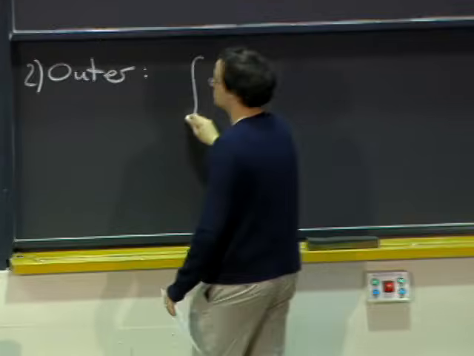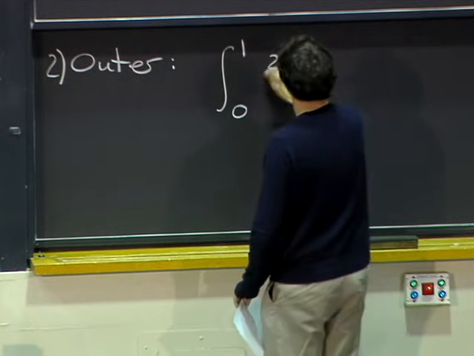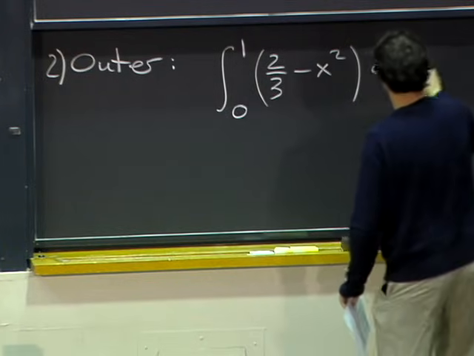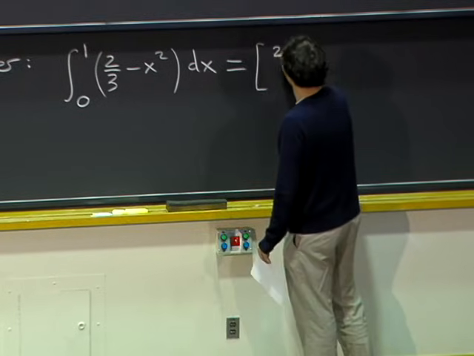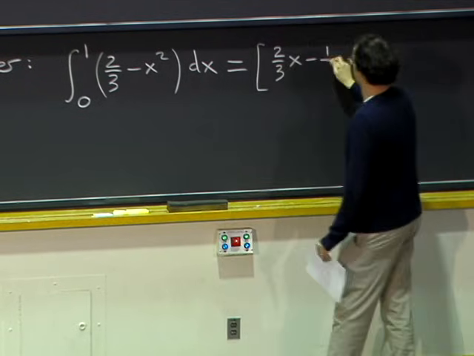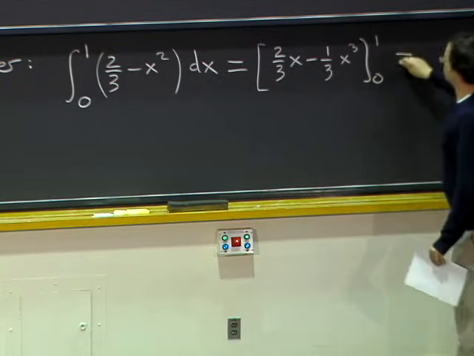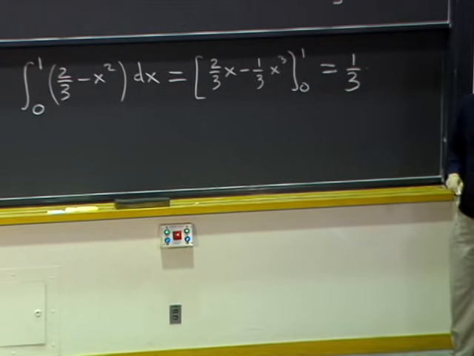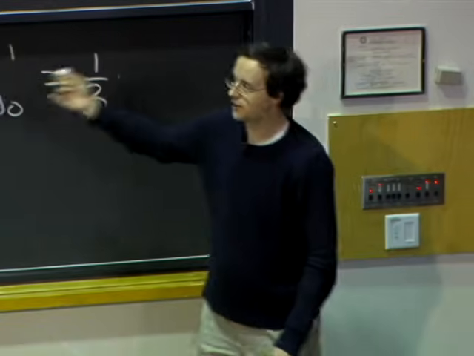We integrate from 0 to 1 what we got, which is 2/3 minus x squared dx. We know how to compute that because that integrates to 2/3 x minus 1/3 x cubed between 0 and 1. I'll let you do the computation, you will find it's 1/3. So that's the final answer.